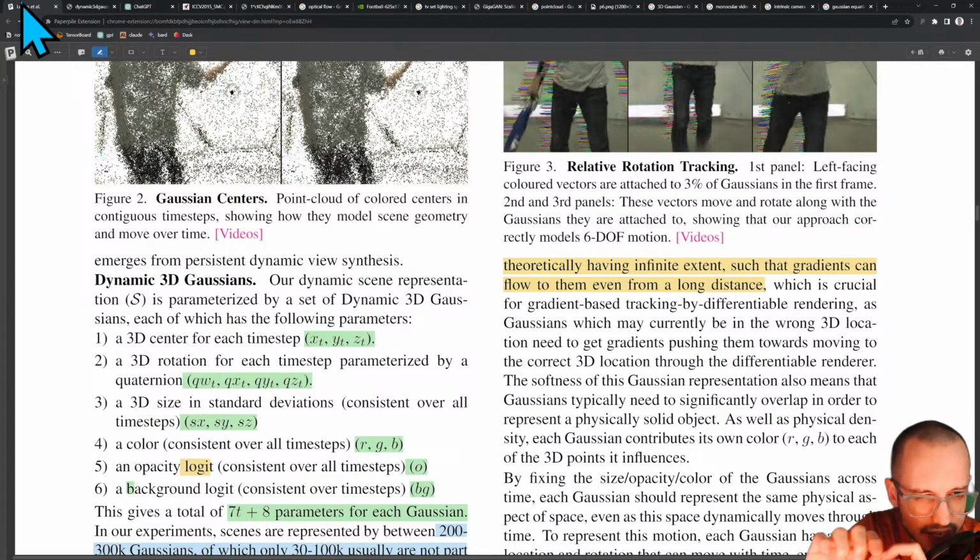So you can push a little tiny bit of gradient into that Gaussian that seems like it's further away from the pixel that you are pushing that reconstruction loss to.